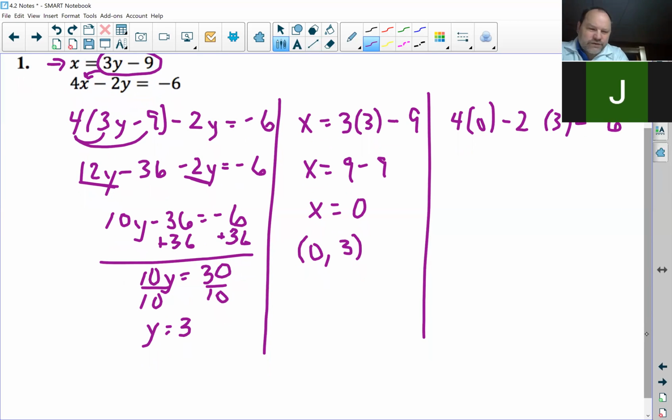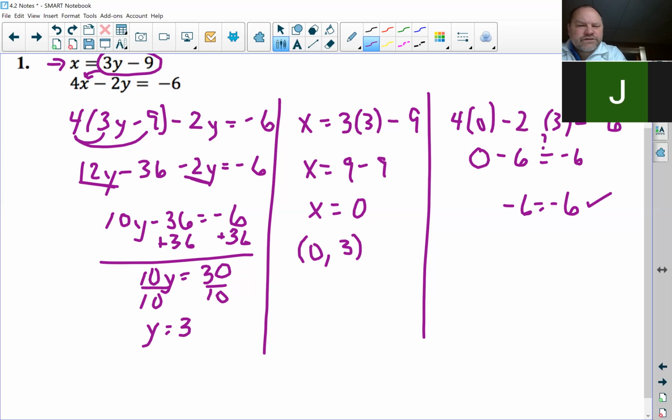Oh boy, tough stuff here to start with. 4 times 0, I'm pretty sure that's 0. Minus 2 times 3 is minus 6. And negative 6 does indeed equal negative 6. It checks. So my solution is good.